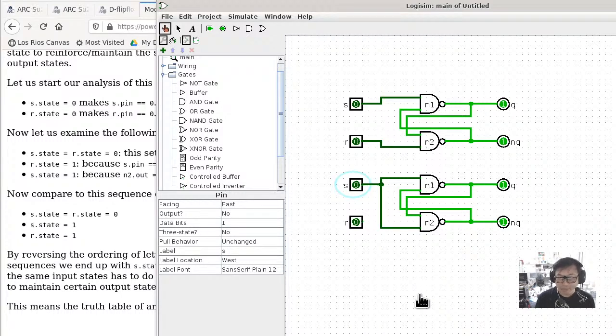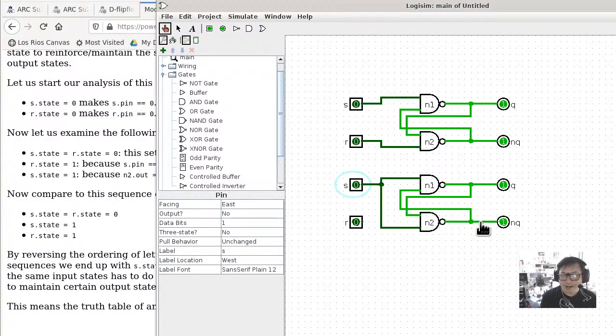So it takes time. Okay, so when I switch the input pin S from a 0 to a 1, it takes time for N1 to change its output to become a 0. It would take about the same amount of time for N2 to change its output to be a 0.